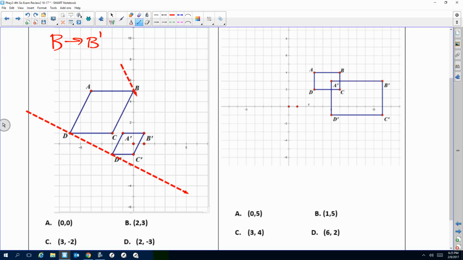Alright, I want to go from B to B prime. Make sure it goes through the points. And now by doing that, making sure I'm using a straight edge tool, I can see this point of intersection. That point of intersection is at 2, -3. So there is our answer.